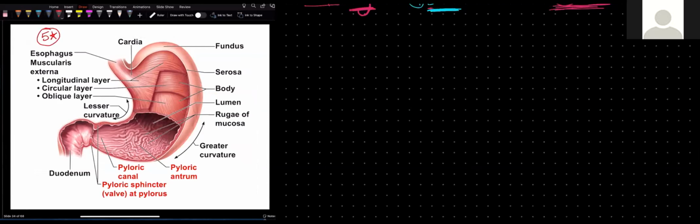If we see on here, there's going to be the muscular tube that will be conducting the food down from the pharynx towards the stomach. This is called my esophagus. It travels through the diaphragm. It opens up at this region in the stomach. This is called the cardia.